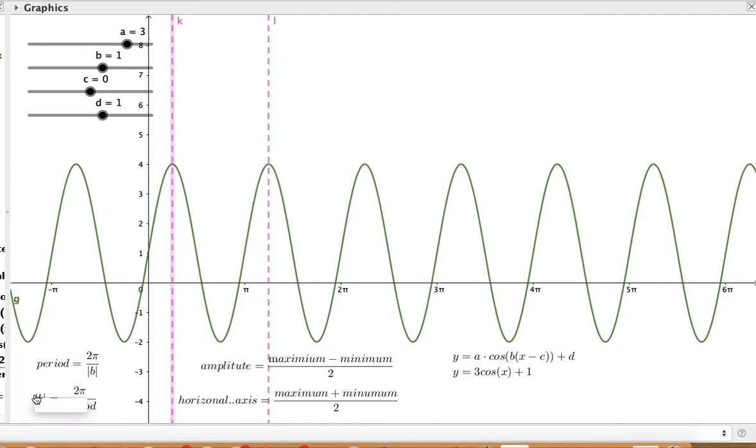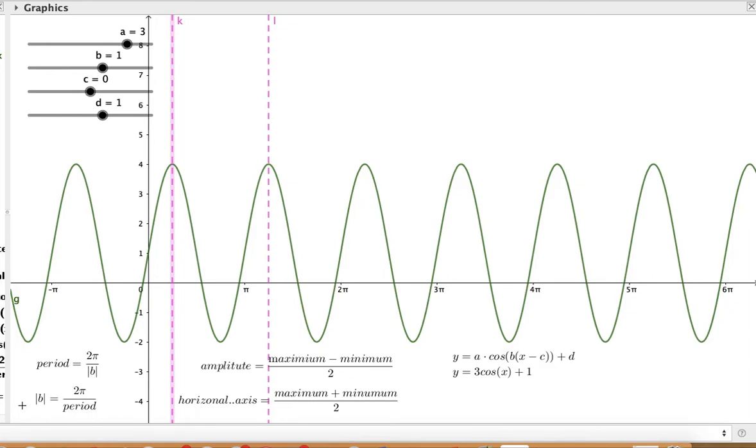And what we've seen in the lecture so far is that the absolute value of b is going to be 2 pi divided by our period. So since our period is pi, the absolute value of b is 2 pi divided by pi, which means that the absolute value of b is 2.